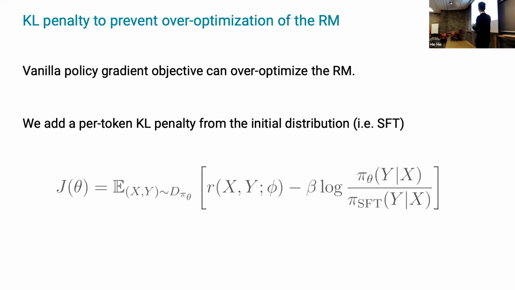We want to regularize so that the policy doesn't change too much, but we also want it to change, otherwise why are we training it? So we control it with a parameter and put it into the expectation. The KL divergence can be expressed as an expectation with respect to one distribution of the log ratio over the other, so that's the KL inside this expectation.